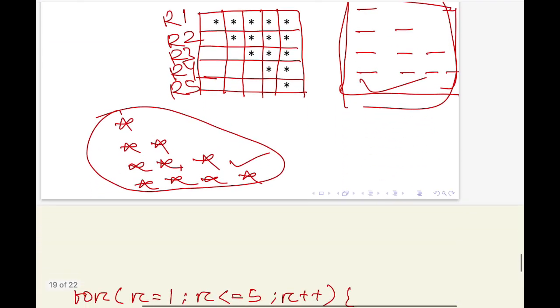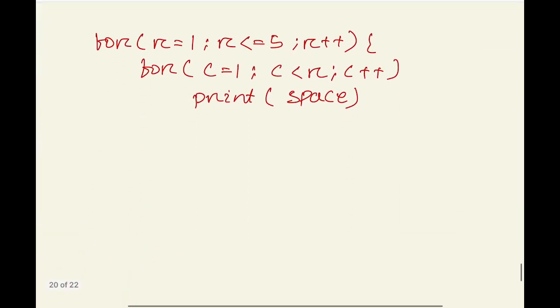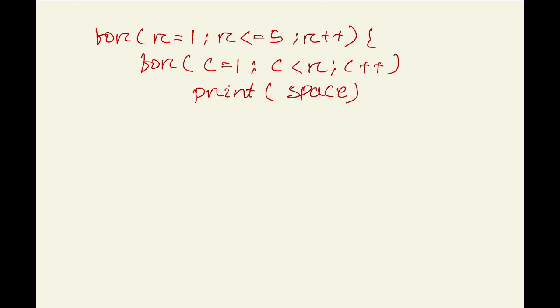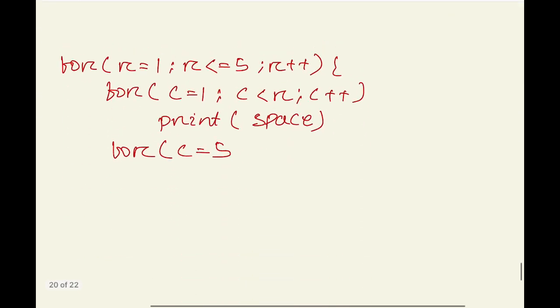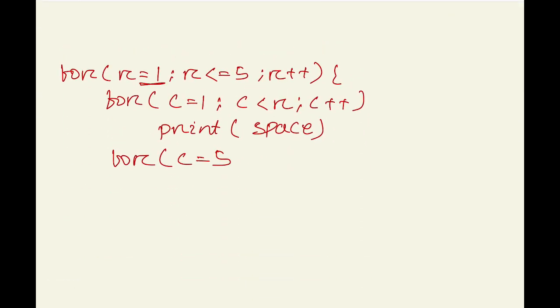So after blank spaces we need to print stars. So to print stars we can write for c equal to 5, because the number of stars in row 1 is 5. So when r equal to 1, the number of stars here is 5.